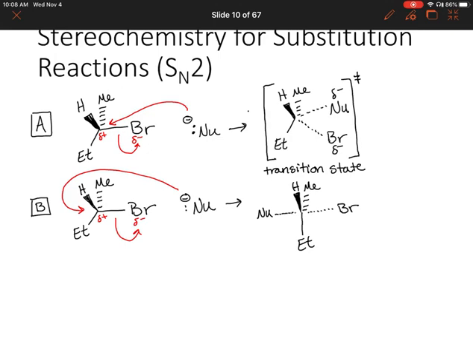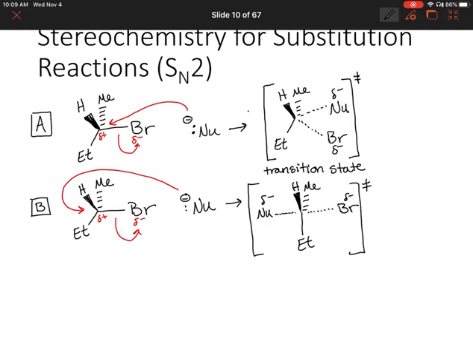So let's draw brackets around our transition state, and we'll draw that little symbol for the transition state. My pen decided to be bold. There we go. So again, during this process, bromine is still partially negatively charged, and the nucleophile is also partially negatively charged.